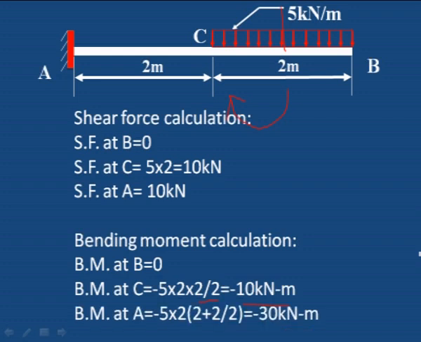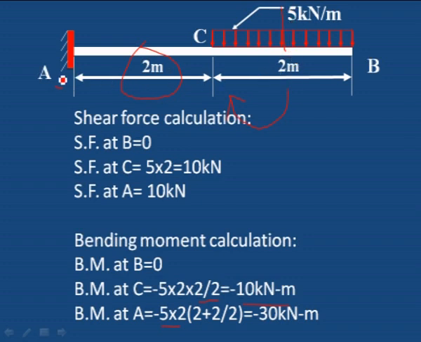To calculate the bending moment at A, force into distance. The force is 5 into 2, 10 kilonewton, and it is acting at the center. From C to the load point is 1 meter, and this 2 meter we have to add. That is the distance of the force. UDL is acting at the center.